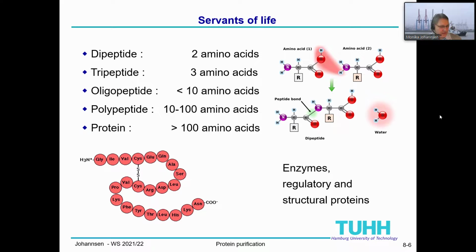Okay, I think this is more or less what you know from school. What are proteins? We call them servants of life. Proteins are made from amino acids by condensation and elimination of water. Depending on the number of amino acids which are polymerized, we talk about dipeptides, tripeptides, oligopeptides, polypeptides, and also proteins.